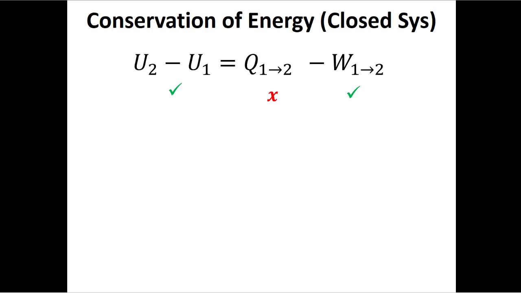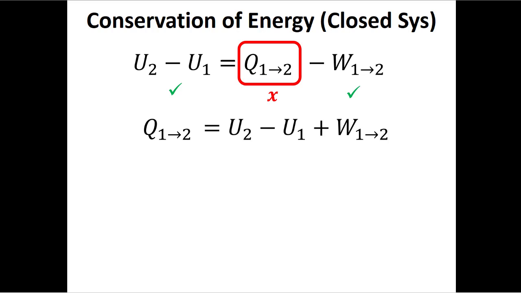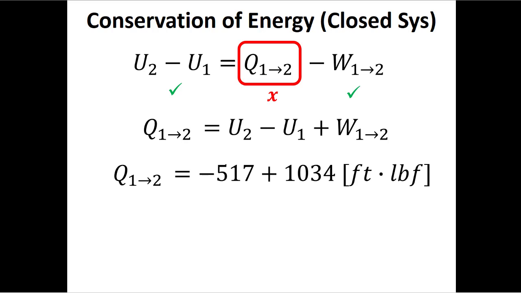So now I know delta U, I know W, but I don't know Q. But that's okay, because now I have one equation and one unknown. So I'll isolate for the heat transfer from state 1 to state 2, and I get that this is U2 minus U1 plus W from 1 to 2.